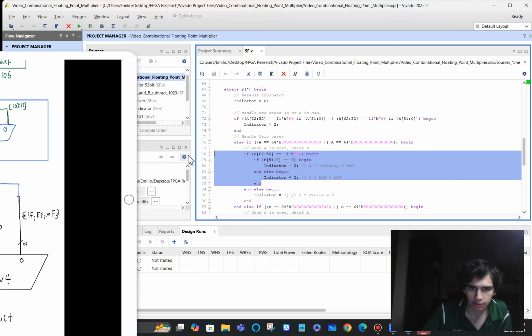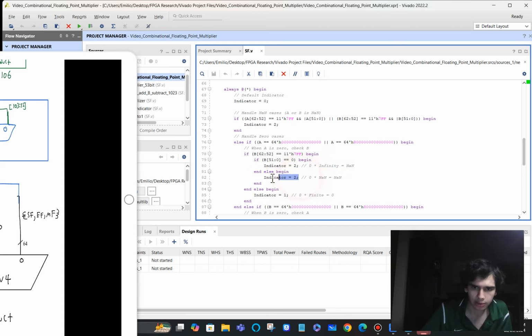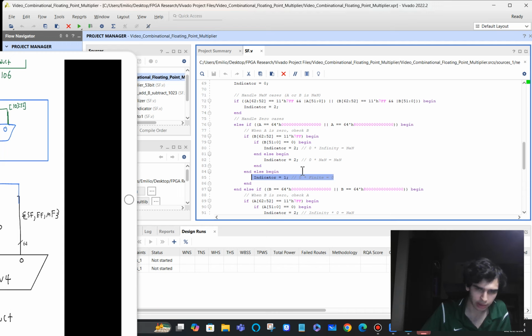This case will happen if B is NaN. If it's NaN, then the indicator is 2, like this case. If it's anything else, then it's going to be 0.